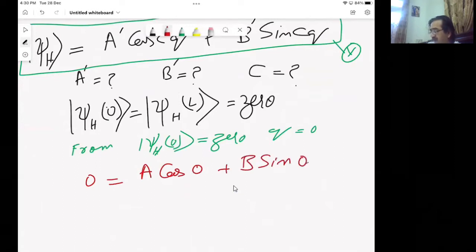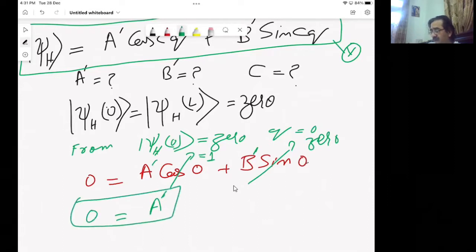Sine 0 is equal to 0, so this term becomes 0, but cos 0 is 1. So there will be A prime, which becomes 0. From this you will get A prime is equal to 0.